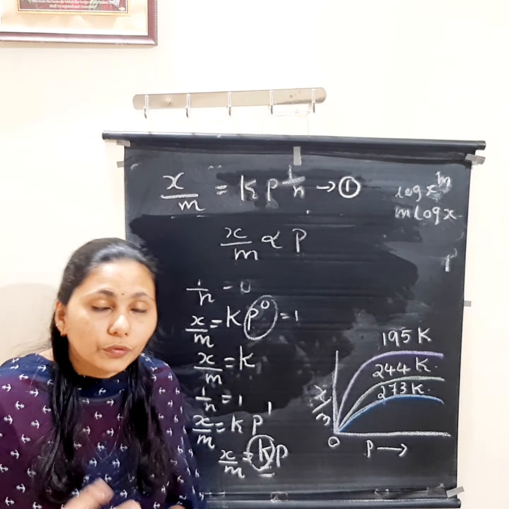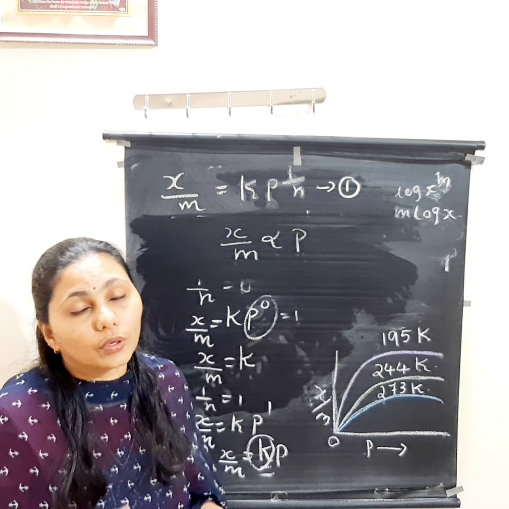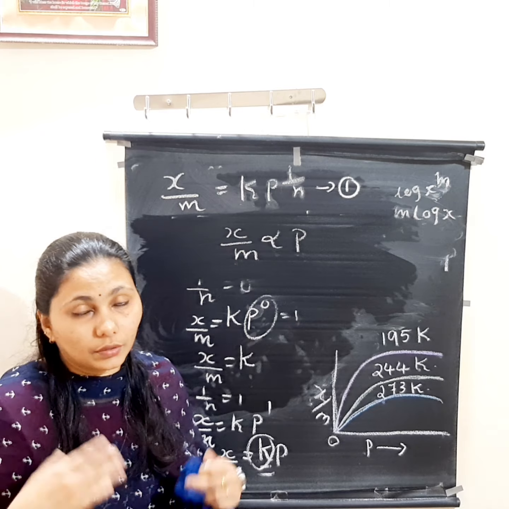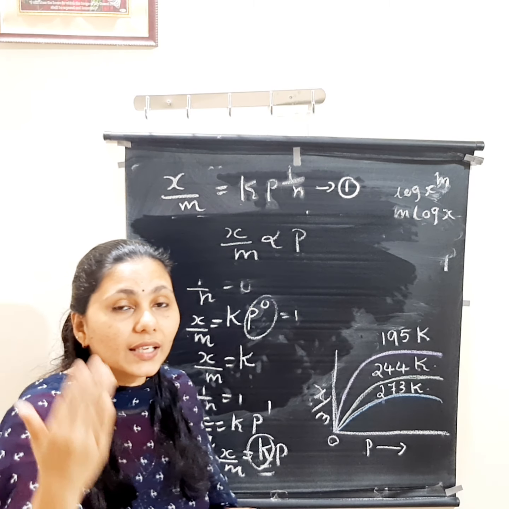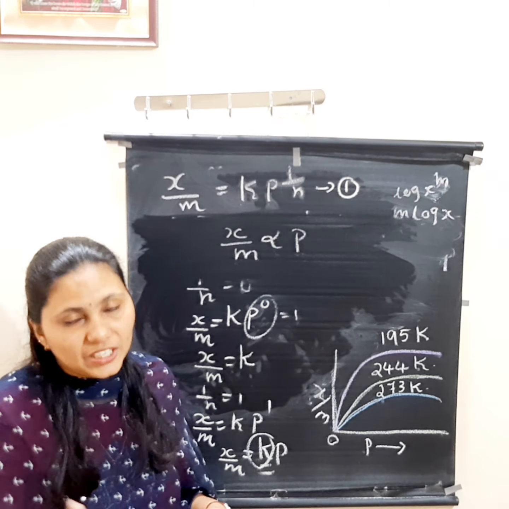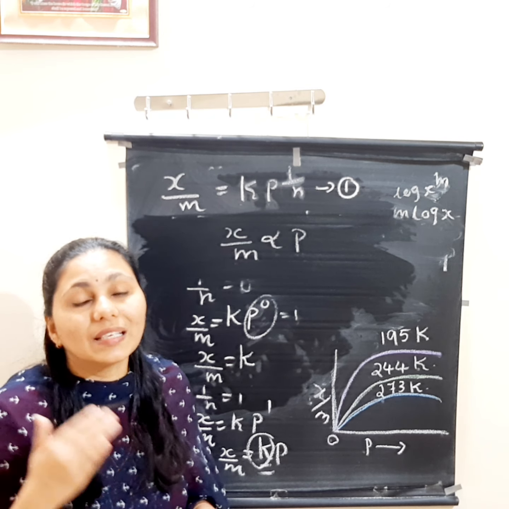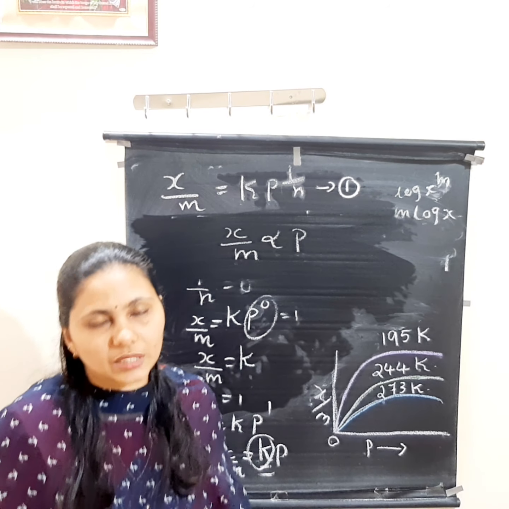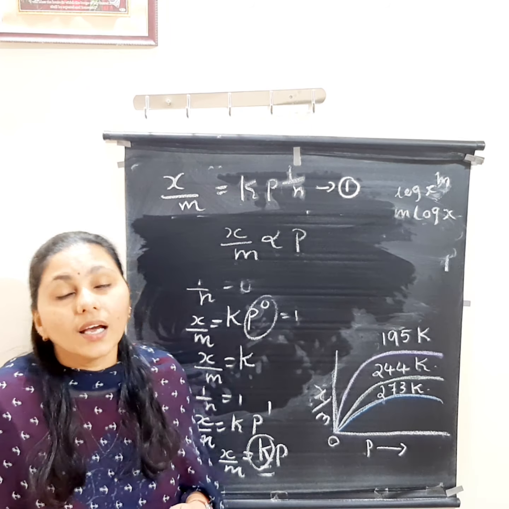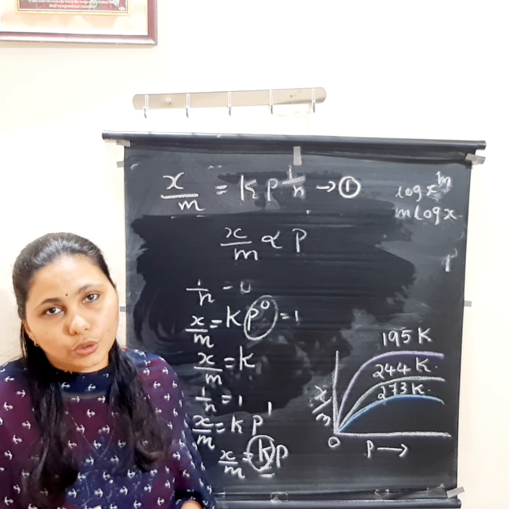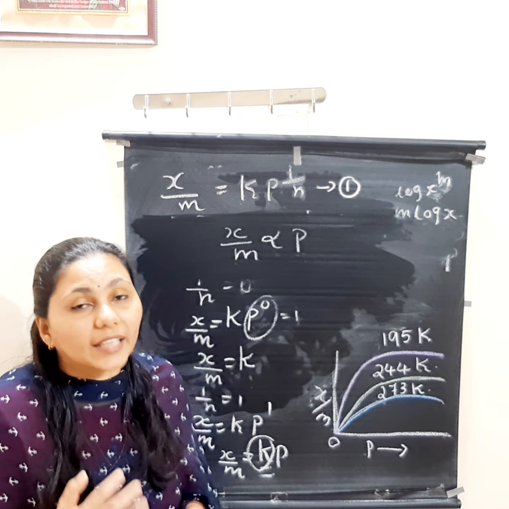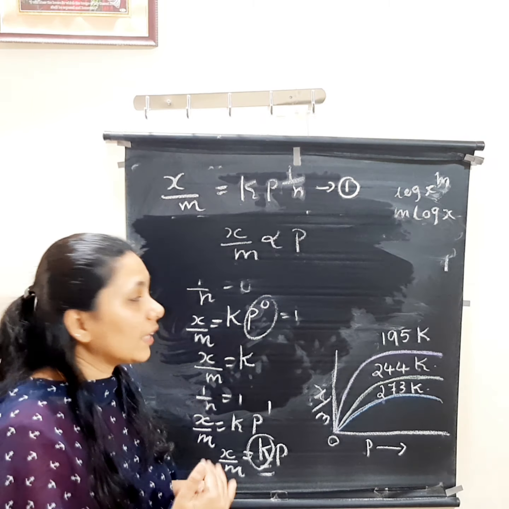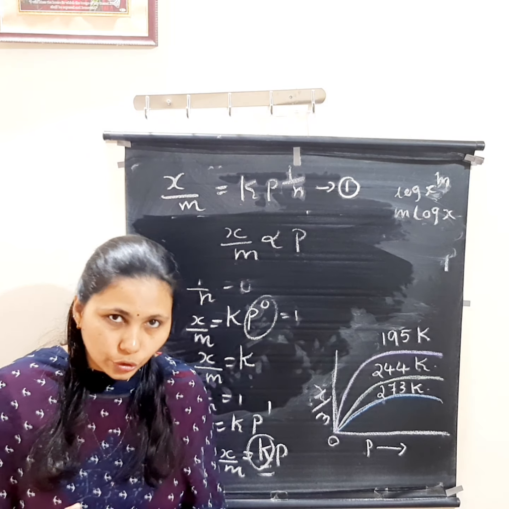One limitation of this law: experimentally it is found that at high pressure, the adsorption reaches saturation, which means no more adsorption can happen. That saturation at high pressure cannot be explained by the Freundlich adsorption isotherm.